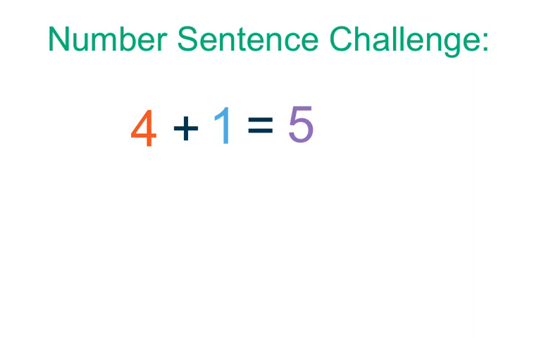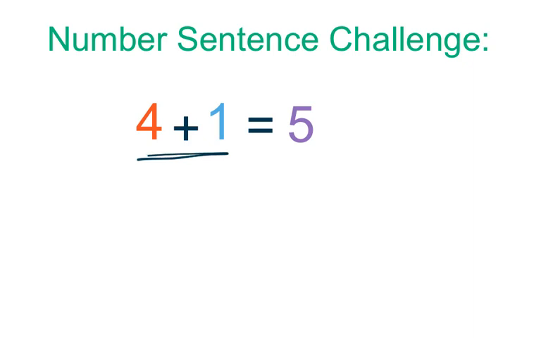Let's look at our last part of our number corner, which for this week is a number sentence challenge. I'm going to use the one you did yesterday as an example for teaching today. In our number sentence, we have 2 parts. 4 and 1 are the 2 parts.